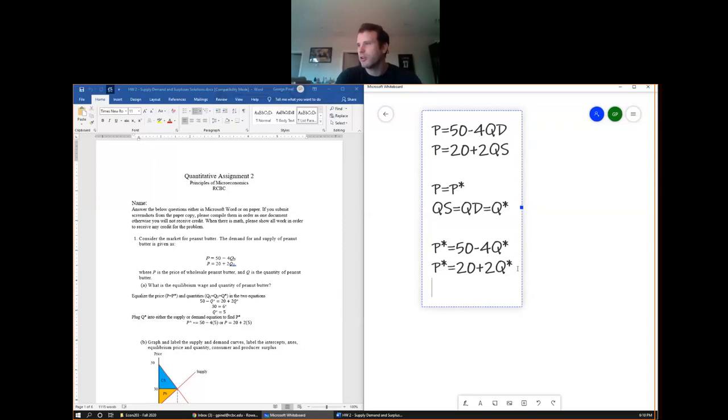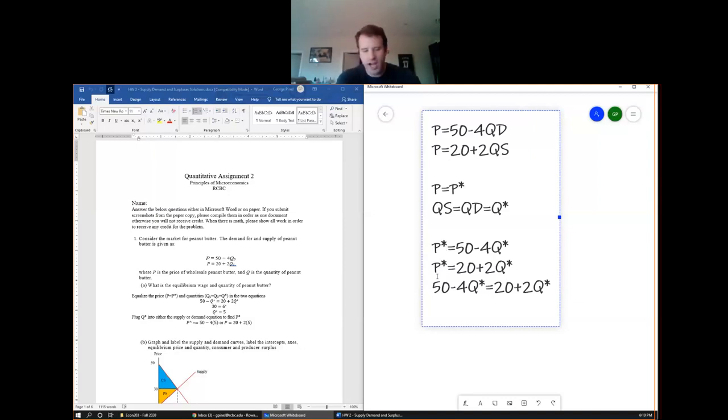All right, so P star is equal to 50 minus 4Q star, and P star is equal to 20 plus 2Q star. So they're equal to each other, right? I'm just cutting out the middleman of P star. Then I'm going to subtract 20 from both sides.